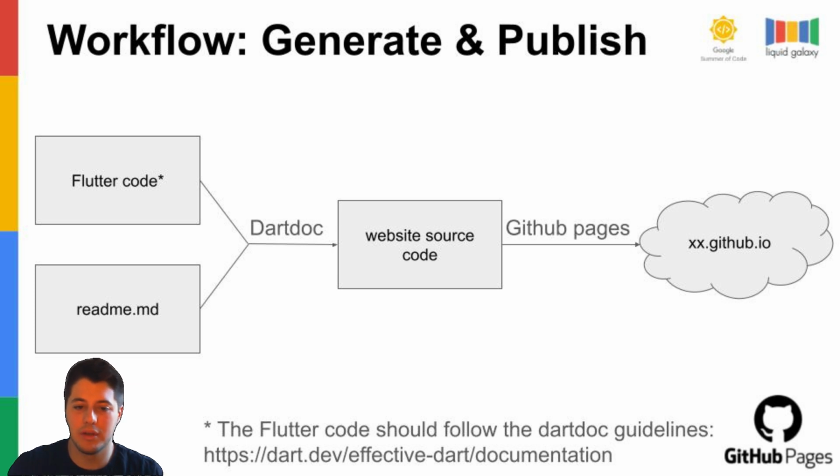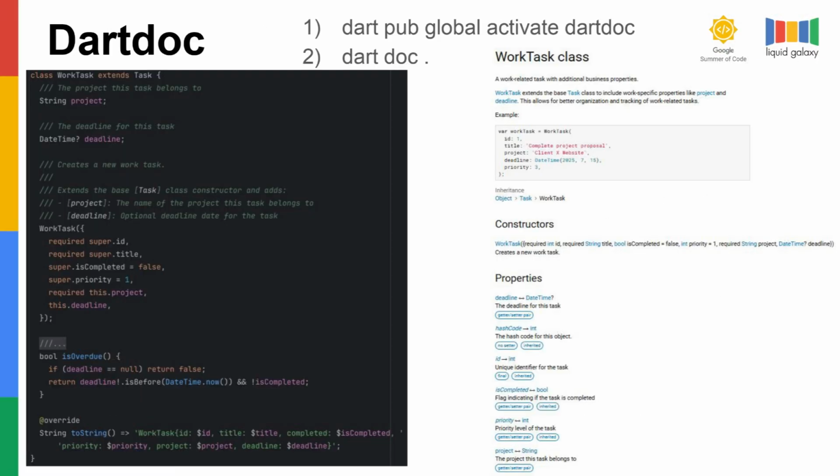Then we will push our generated files to the GitHub repository, and using GitHub Pages we will host the documentation website publicly. So it's a simple and professional way to keep your technical documentation online and always up to date.